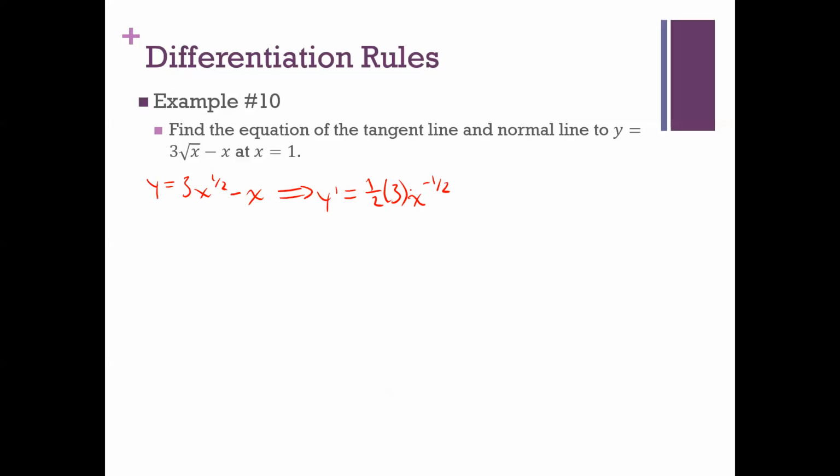But yeah, power rule says that I multiply by whatever the exponent was, so 1/2, and then I reduce the exponent by 1. So the derivative of x to the 1/2 is 1/2 x to the negative 1/2. I started with triple that, so my derivative also needs to be triple, whatever that derivative is. What's the derivative of negative x? Negative 1.